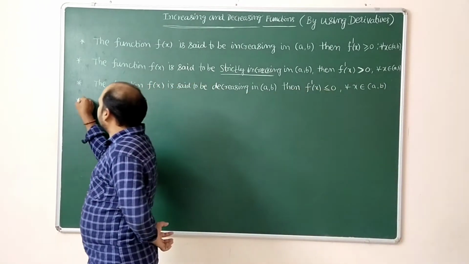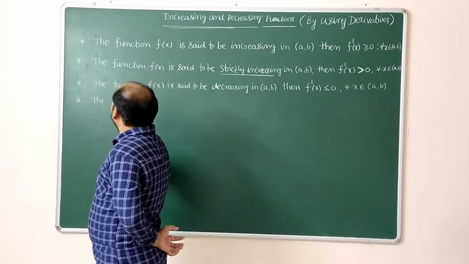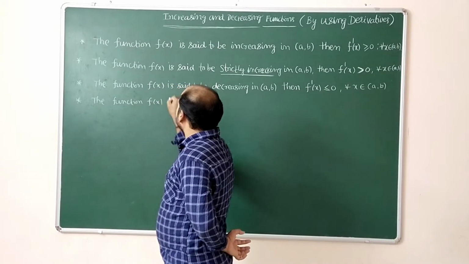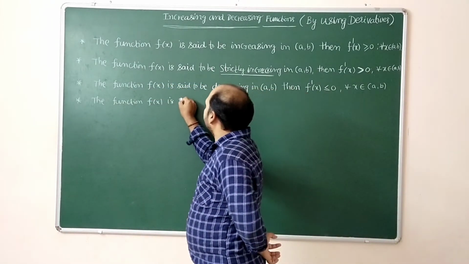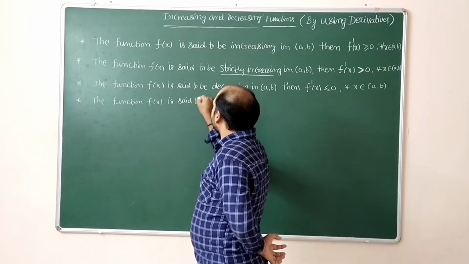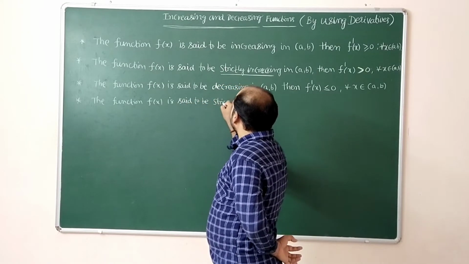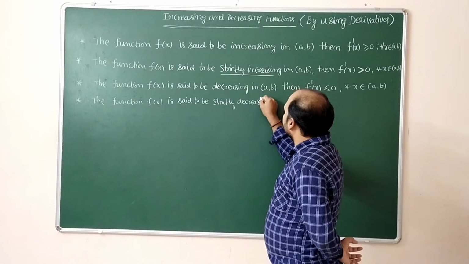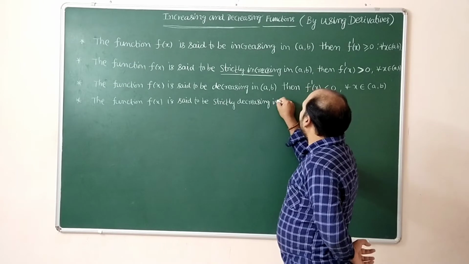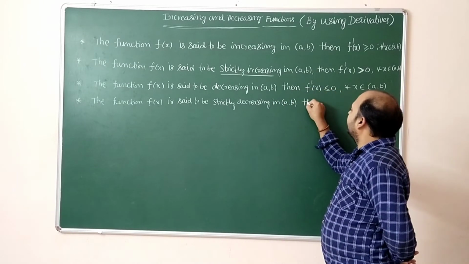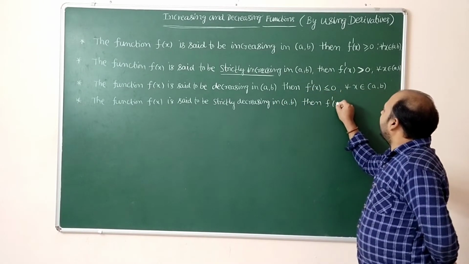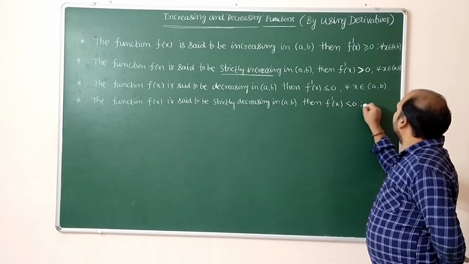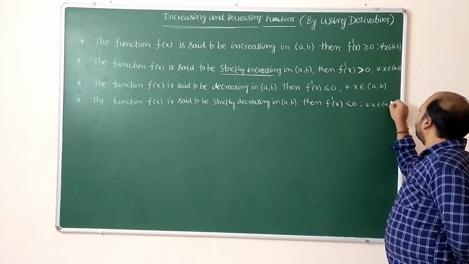Similarly, strictly decreasing. The function f of x is said to be strictly decreasing in open interval of a comma b, then f dash of x is less than 0 for all x belongs to open interval of a comma b.